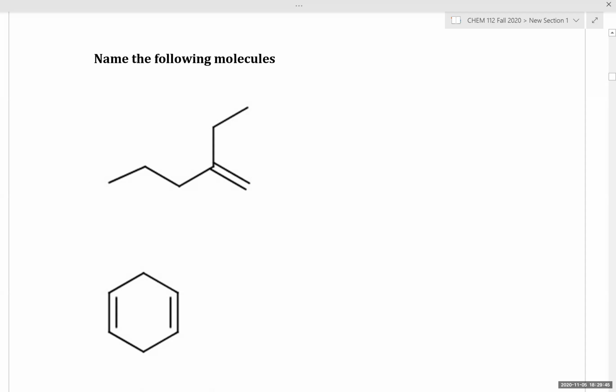And don't be shy to share your proposed responses in the chat or sharing your proposed locant numbers using the annotate tool.